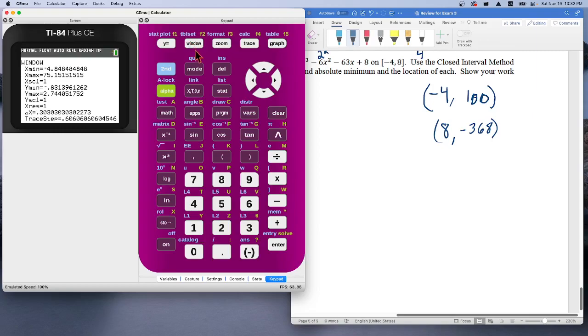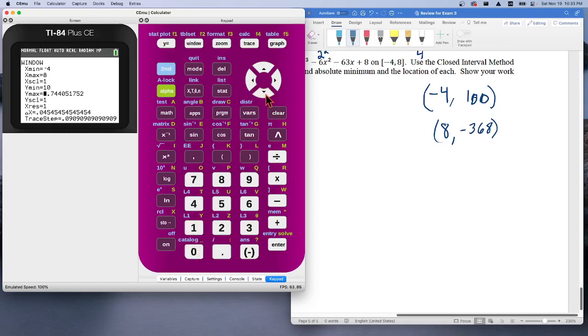But before I get there, let's set up our window to go. I always like to make it a little bit bigger, so let's just do it, negative 4 to 8. So that's the x interval, and we'll have our endpoints there. The y's we're kind of seeing from here. We have a y value of 100, so I guess we could just try that.